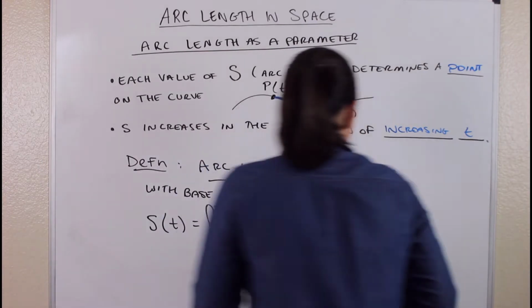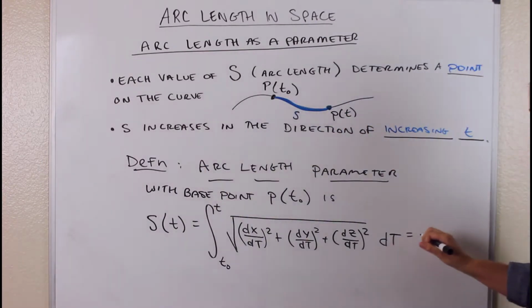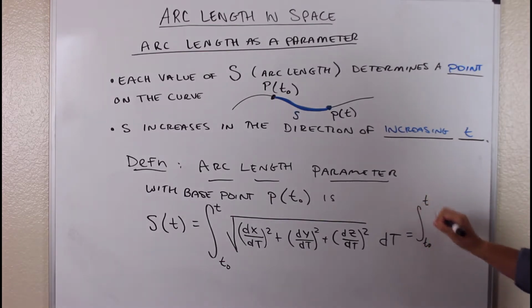We can simplify this just like we did on the last version. This can be rewritten as the definite integral from t naught to t of the magnitude of the velocity of capital T dT.